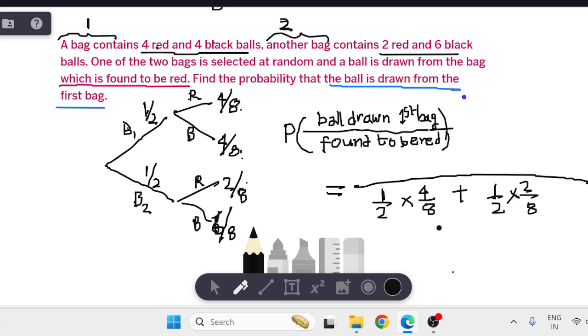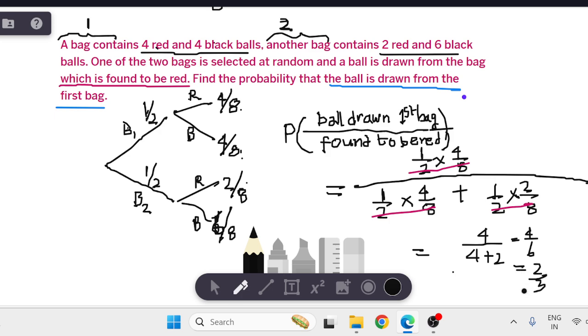And the probability that it is from bag 1 is half into 4 by 8. So if you solve this, you will get the answer. This half into 1 by 8 I can take common, so it comes out to be 4 divided by 4 plus 2, which is 4 by 6. In fact, it is 2 by 3. So the answer for question 2 is 2 by 3.